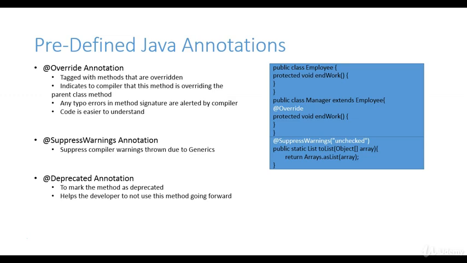Although when we are using Eclipse and we are using the Eclipse feature to give us the definition of the methods that we are overriding, then this situation is not going to occur. But there is another advantage of the @Override annotation.